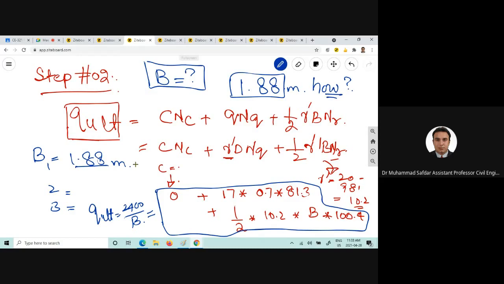So what would be the second value? Is it clear, Asim, now? Yes, sir. Clear. Please give me the B value.